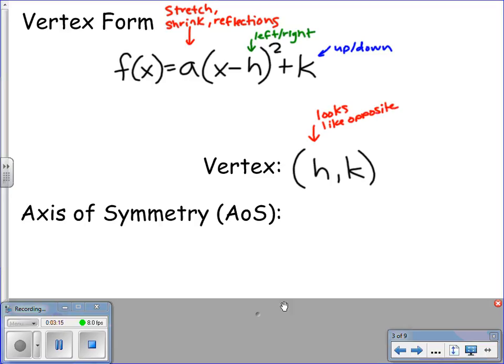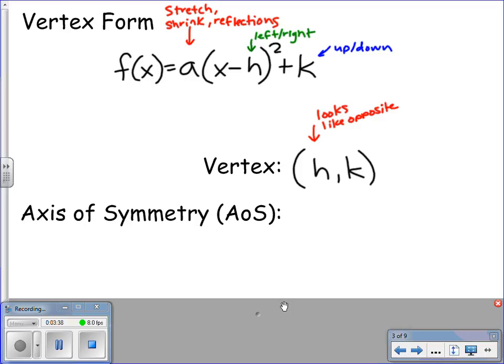If you see x plus 3, when you pull h out, it's actually a negative 3. If you see x minus 2, when you pull h out, it's actually a positive 2. Okay. k does not have that problem. It looks like what it is because it has an addition sign in front of it.